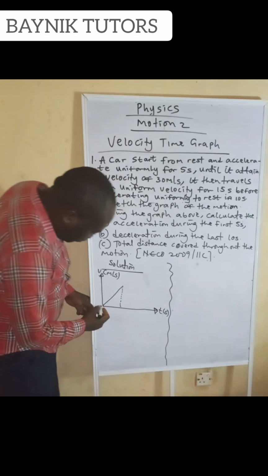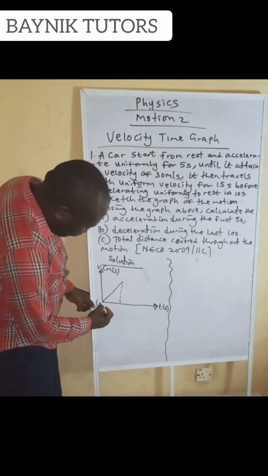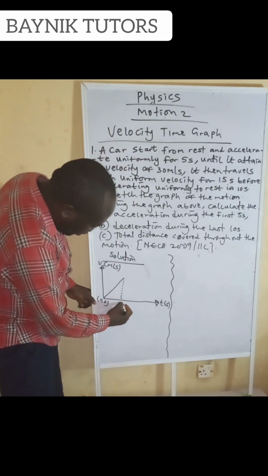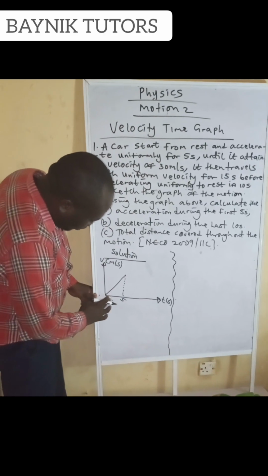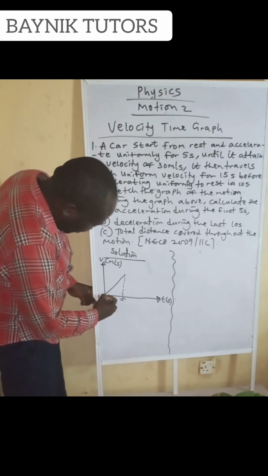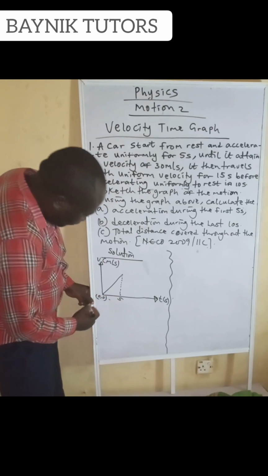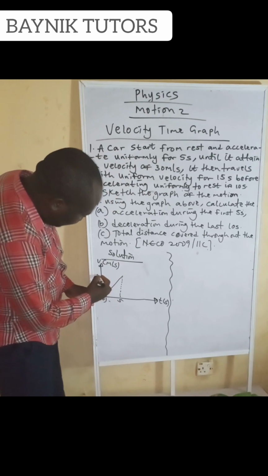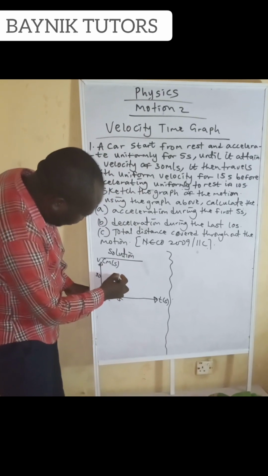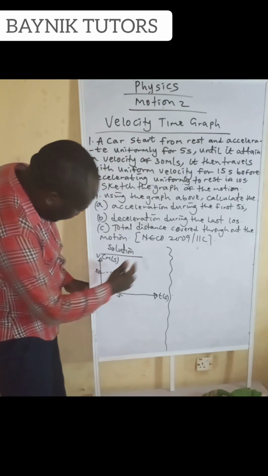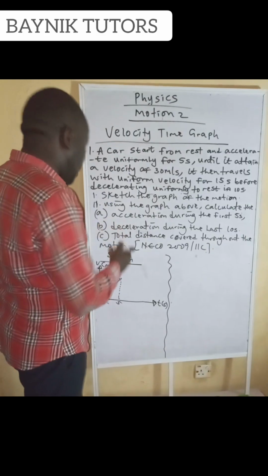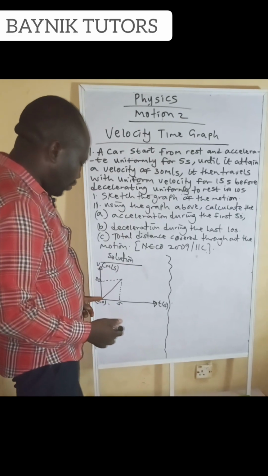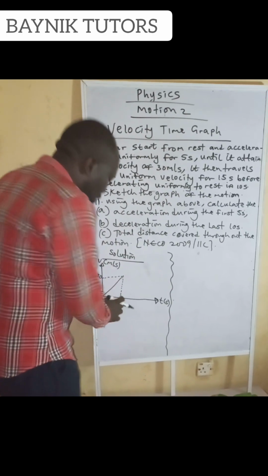The starting point will be 0, 0 here, meaning my velocity is 0 and my time is also 0. So here is 5 seconds, and here is 30 meters per second. They said accelerate uniformly from rest, so we start from here, in 5 seconds.